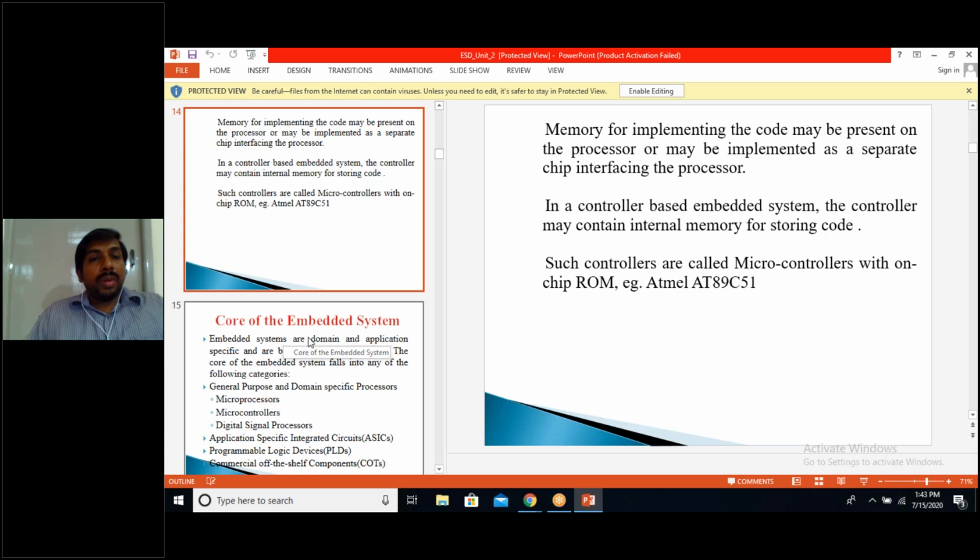So coming to the core of the embedded systems, embedded systems are domain and application specific and are built around a central core. The core can be a general purpose or domain specific processor. This general purpose and domain specific processor can be a microprocessor, a microcontroller, a digital signal processor, or an ASIC, application specific integrated circuit, or it can be a programmable logic device, or it is a commercial off the shelf component.